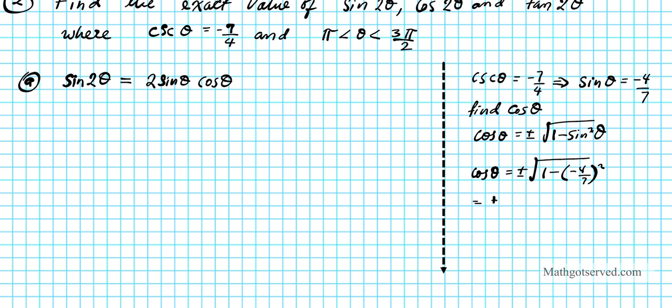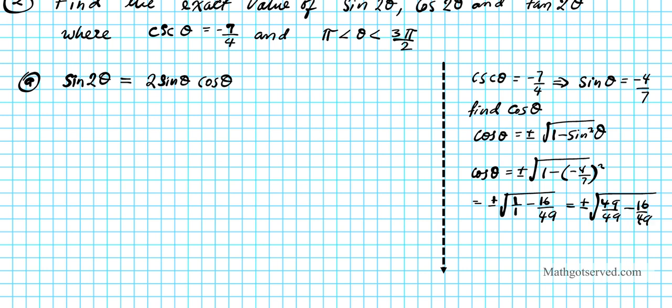We'll have plus or minus the square root of 1 over 1 minus 16 over 49. Because when we square the negative, it goes away, so this minus stays the same, okay? So we have plus or minus the square root of 49 over 49, which is the same thing as 1 over 1 if you multiply this by 49 top and bottom, minus 16 over 49.